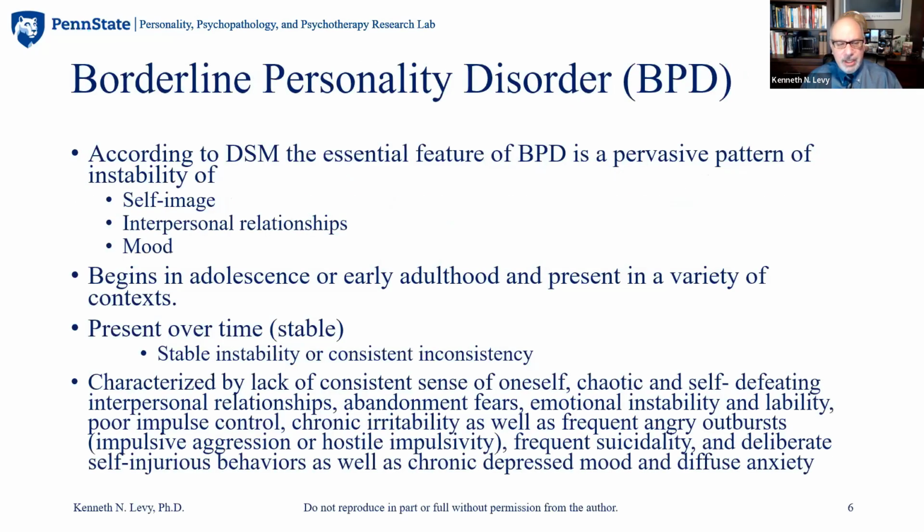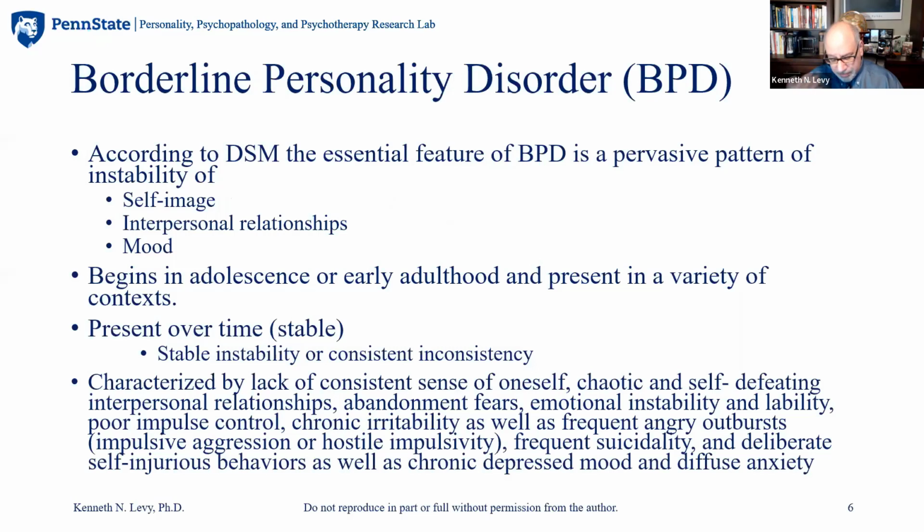So borderline personality disorder is characterized by a pervasive pattern of instability with regard to one's sense of self or self-image, in interpersonal relationships, and in terms of mood or emotion regulation.